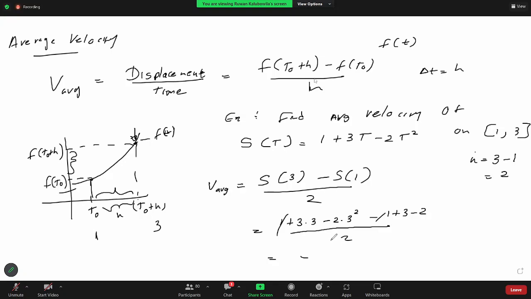What is the answer? Please solve this. Yeah, you need to bring the bracket here, otherwise you may have a different answer.